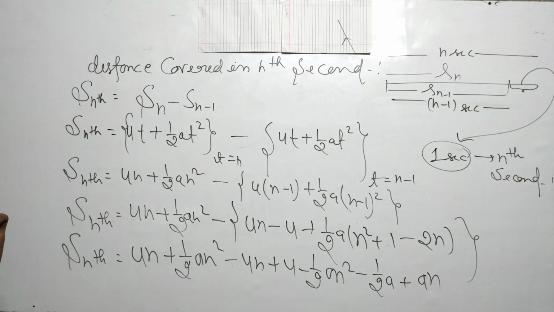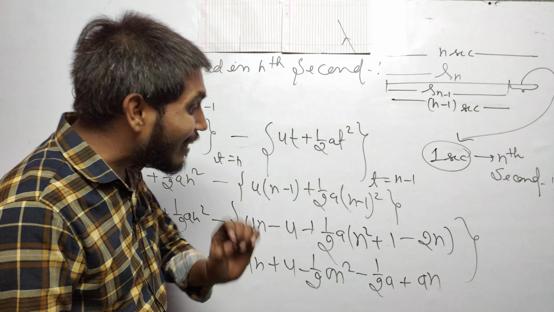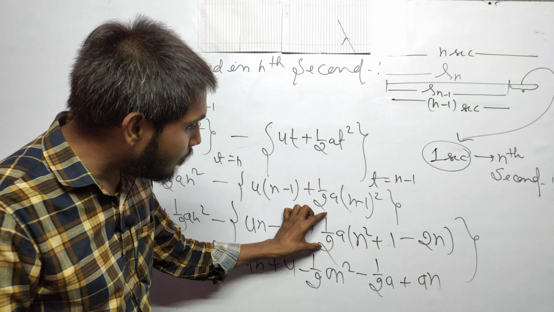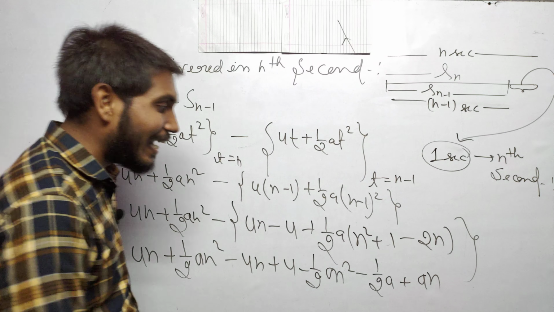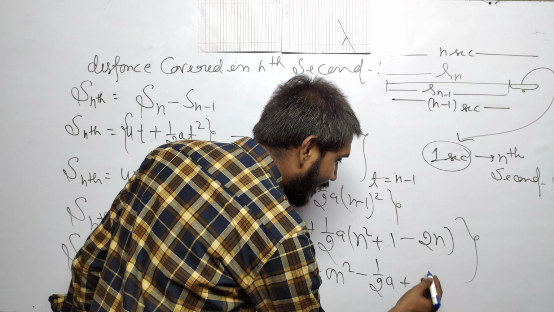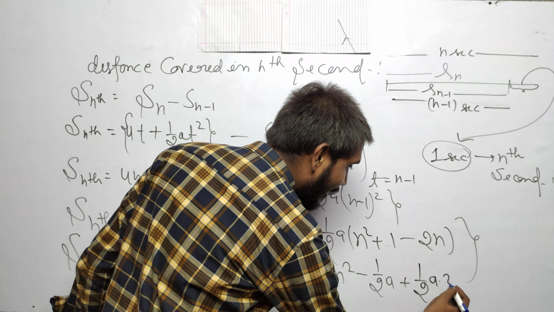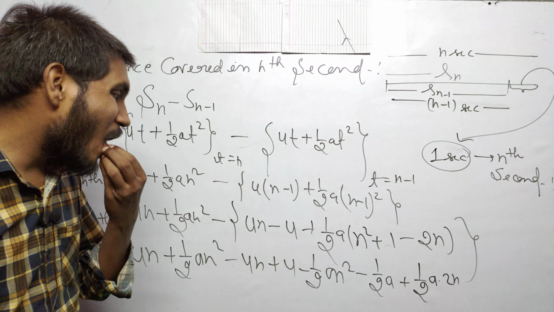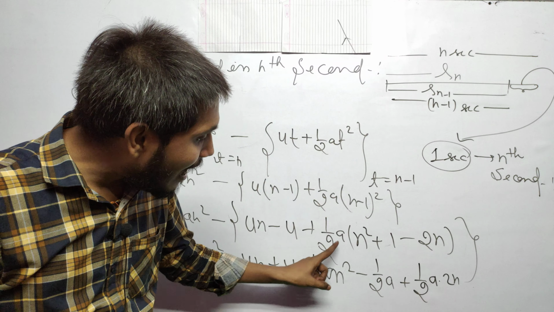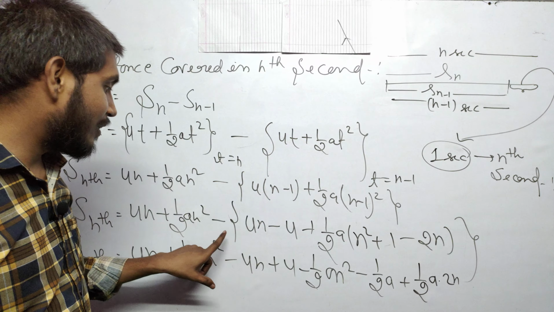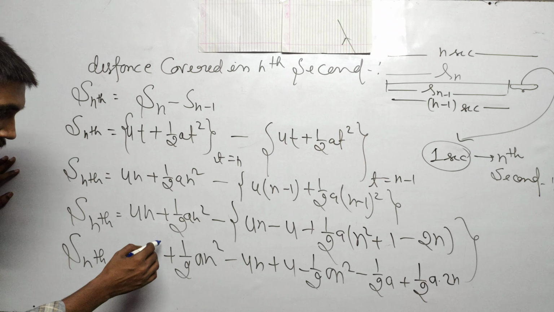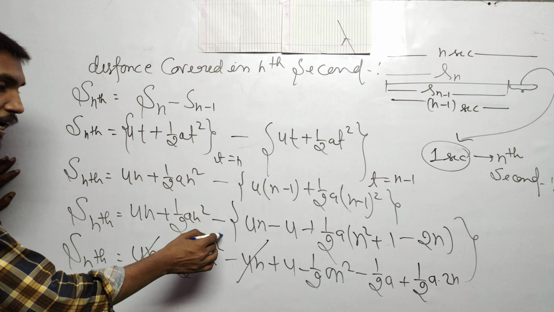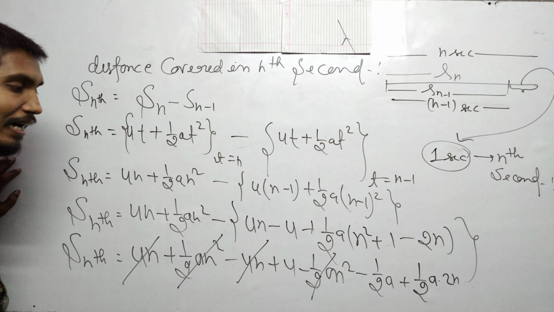My dear students, if you give me attention, then after simplifying this, I want to write this as half a into 2n. When I multiply half a with 2n, and this is minus, so minus plus. Now dear students, un will be cancelled by un, half an square will be cancelled by half an square.